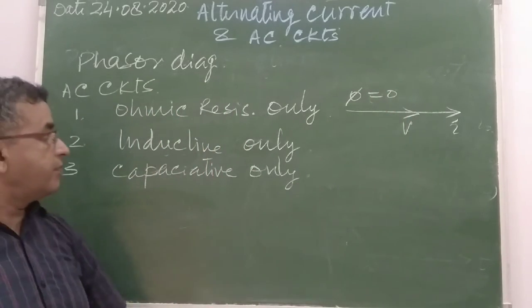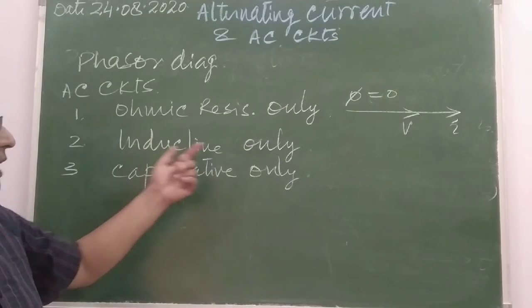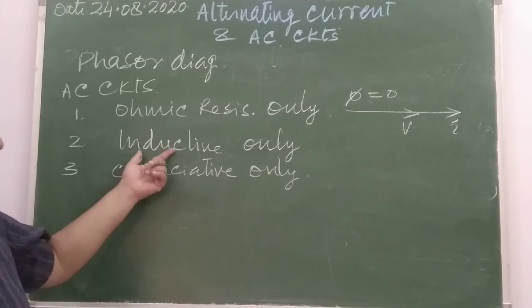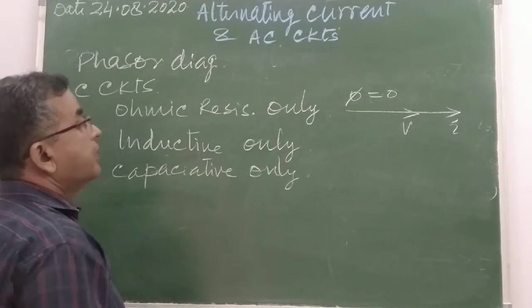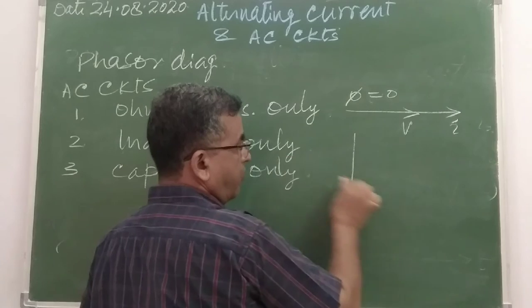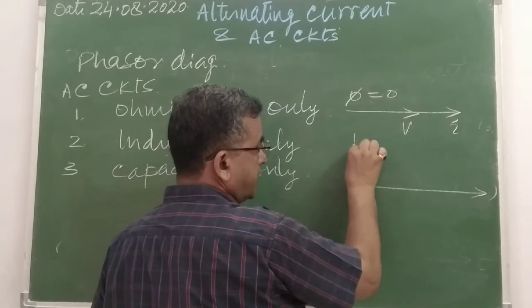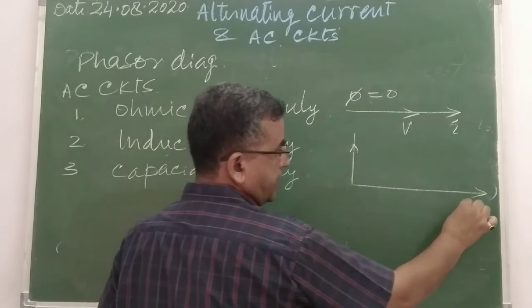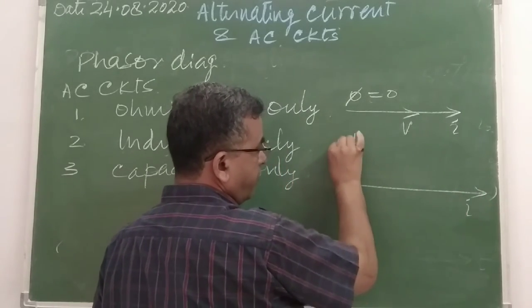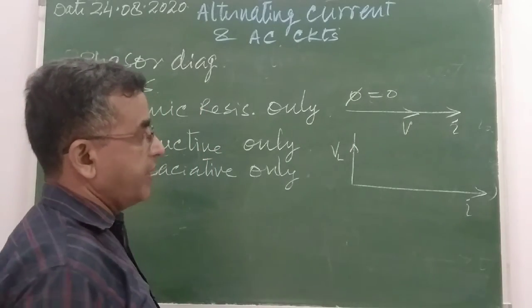Now the inductive circuit has a coil of inductance L only, or purely inductive. In this circuit, the voltage across the coil leads the current. This is the current, and this is voltage VL or V. This is the phase difference.